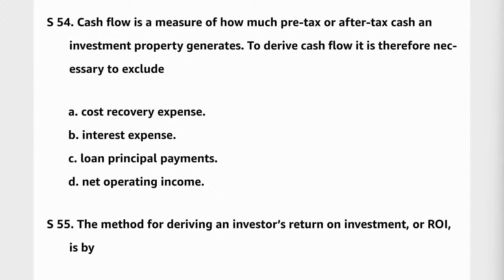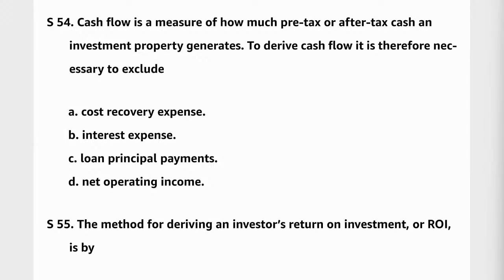So cash flow is money that's coming in. It's a measure of pre-tax and after-tax cash an investment property generates. So to derive cash flow, it is therefore necessary to exclude what?